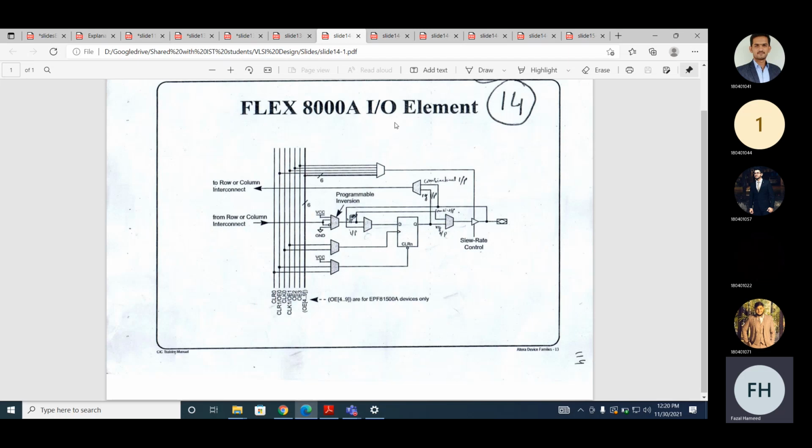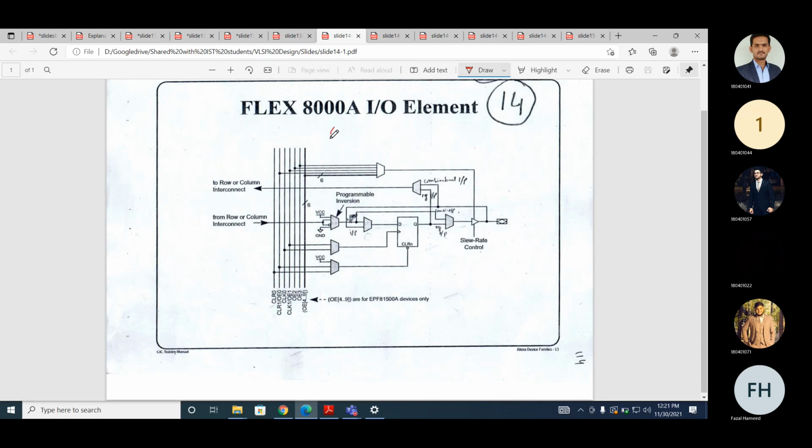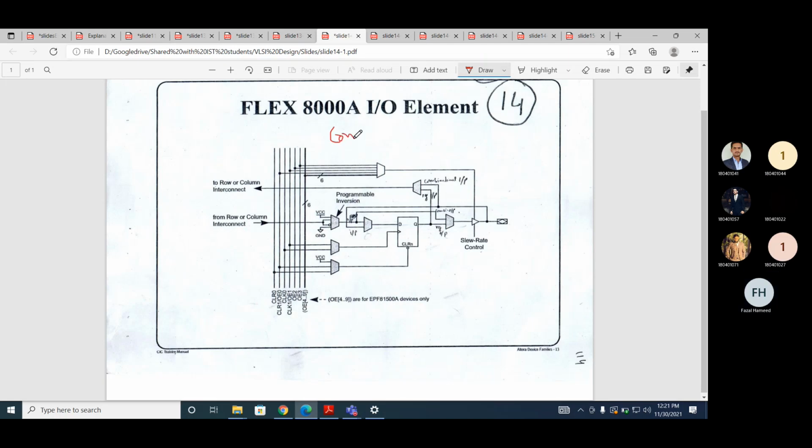Now let's assume you want to implement a combinational input, how can we use it? So it will come from here, come from the multiplexer and go. It can go either to the row fast track interconnect or column fast track interconnect, depending on the location of the pin.